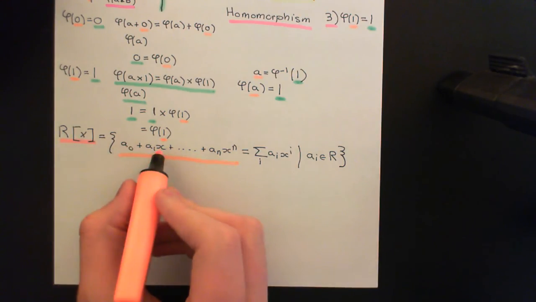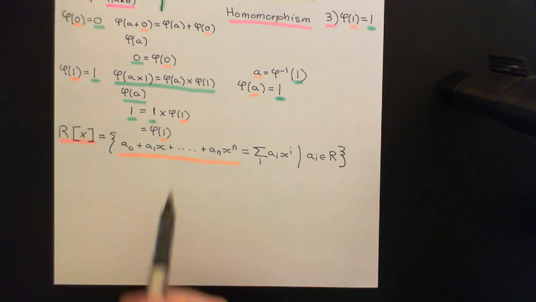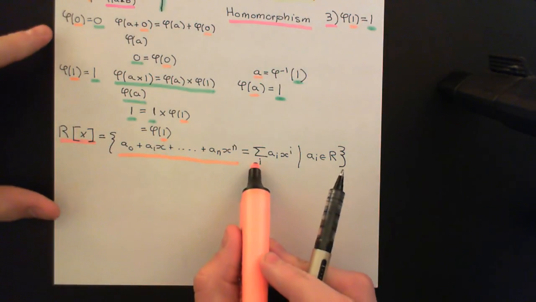So this is effectively x0, this is x1, all the way up to some finite xn, and then you've stuck plus symbols in between them, but you have just created a great big symbol. Initially that's the way we view this set. It's just a bunch of very complicated symbols. The polynomials formally are just symbols.